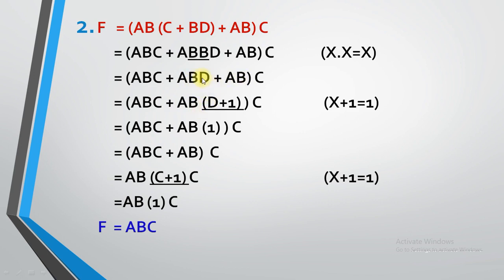So into bracket D plus 1 is there. So instead of D plus 1, I can write 1, based on the postulate x plus 1. So AB into bracket 1. Now again, AB is the common factor out of the given term. So into bracket C plus 1 is there. So instead of C plus 1, again I can write 1, and the final answer is ABC.